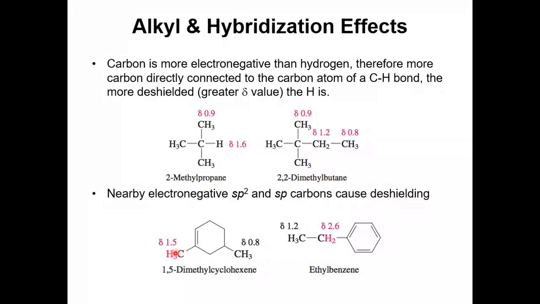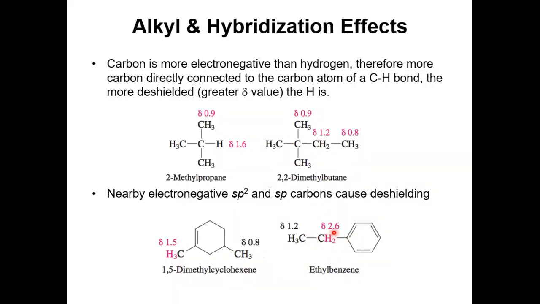Pulling some electron density away from this carbon makes the electron density on this proton somewhat lower than on those protons. So the chemical shift value is noticeably higher. Not dramatically, but noticeably higher.